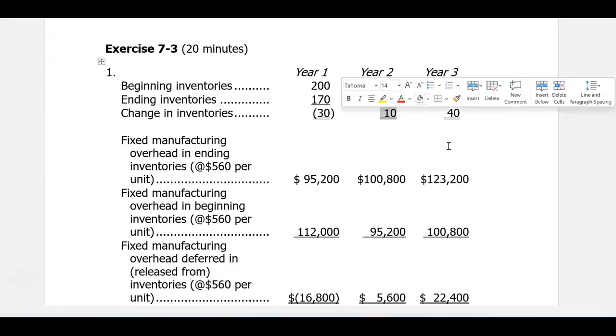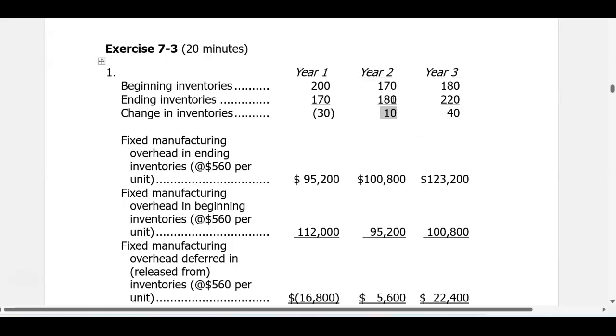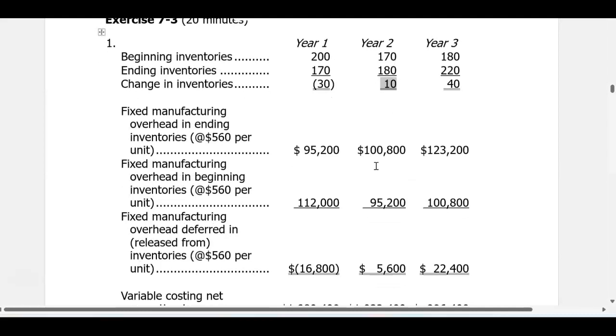Make sense? You produced more, sold less. That's why ending unit is 10 extra units left. So remember I said under variable costing, if you produce more, you sell less, your net income is less compared to absorption costing.